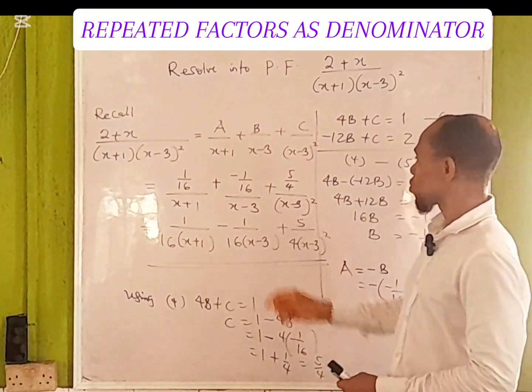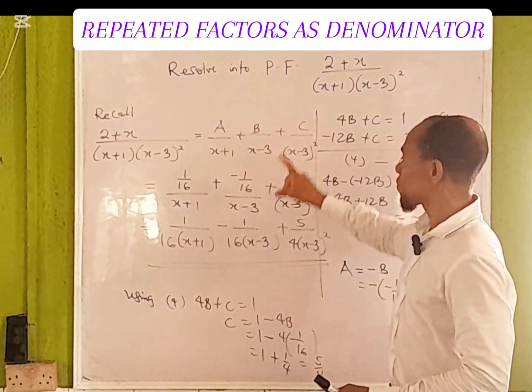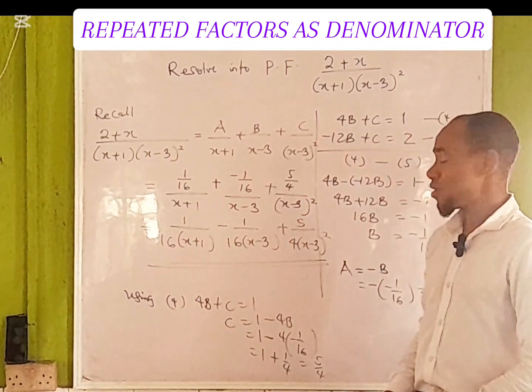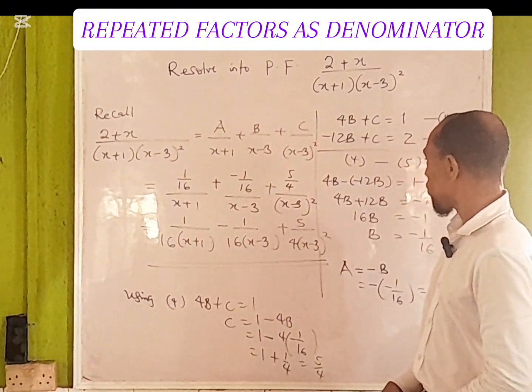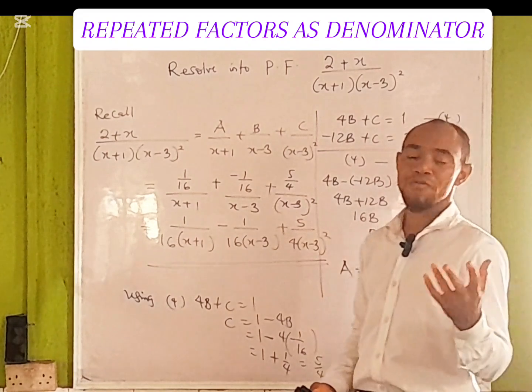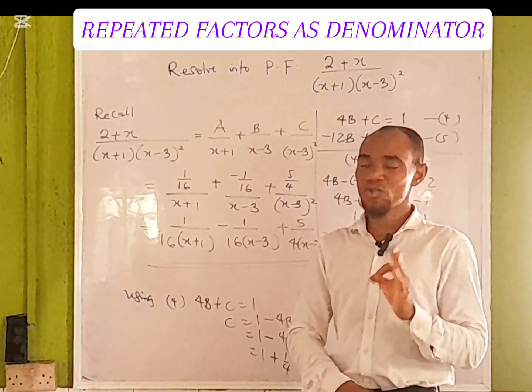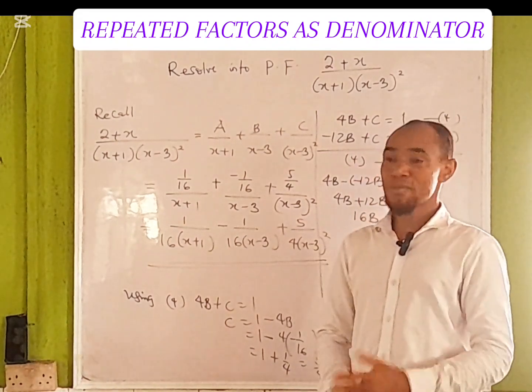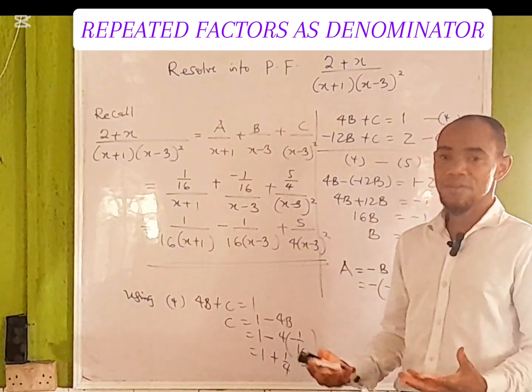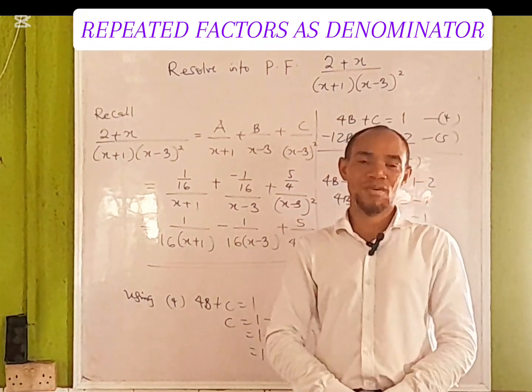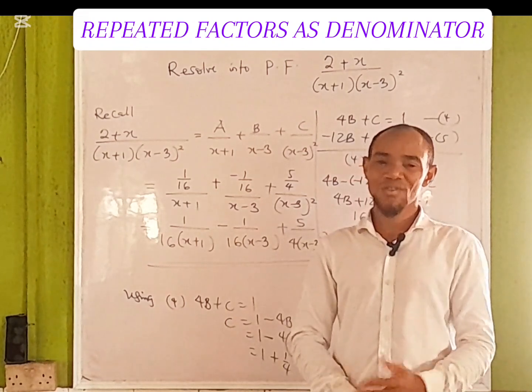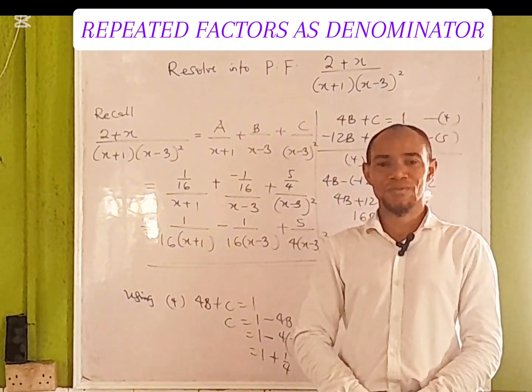All you need to do is to get the format to start with. Once you've gotten that, then the rest is easy. Just recall, we have to use the comparing coefficients method. You can't use the cover-up method here. It won't work. By comparing the coefficients, we generate a set of simultaneous equations which will be solved to get the values of the variables.